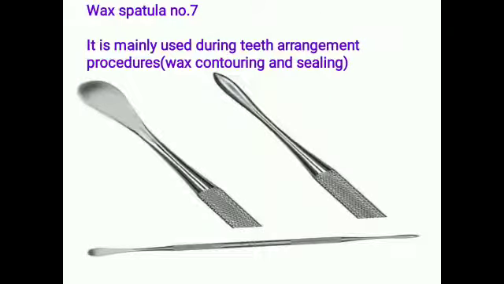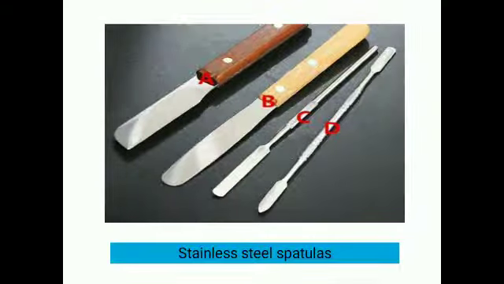Wax spatula number 7 is mainly used during the teeth arrangement procedures. It is used for wax contouring and sealing. Stainless steel spatulas are used as the zinc oxide paste mixing spatula.